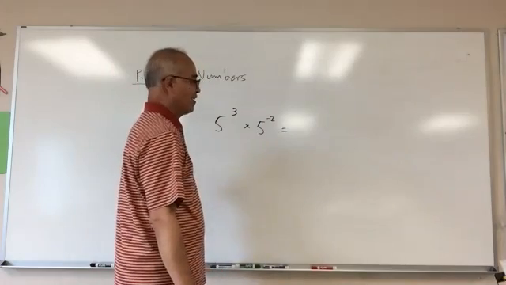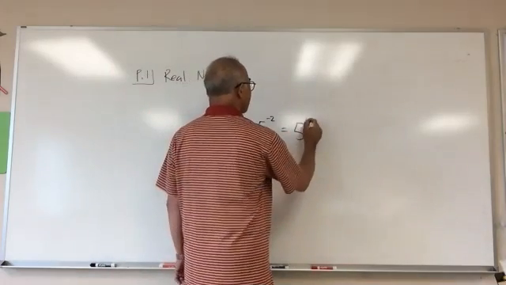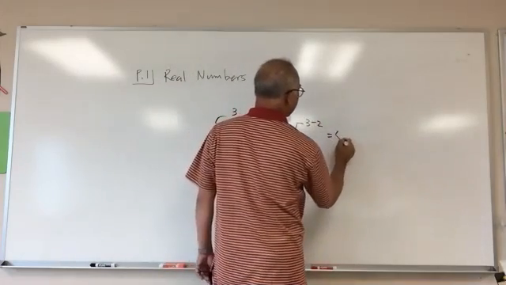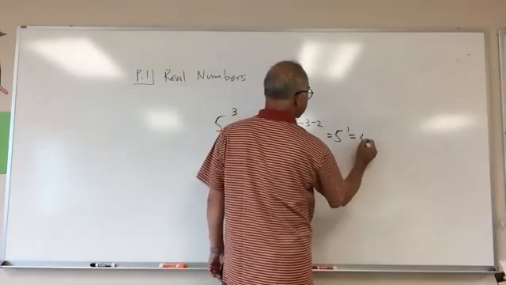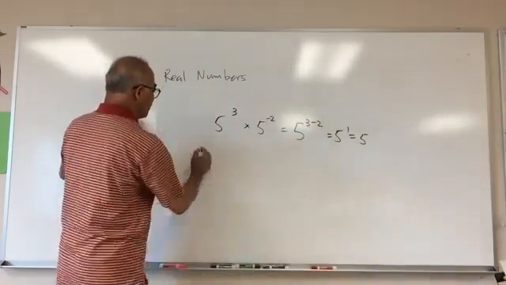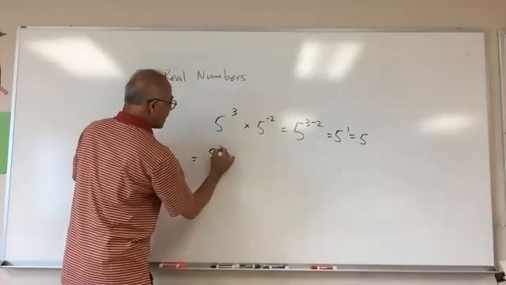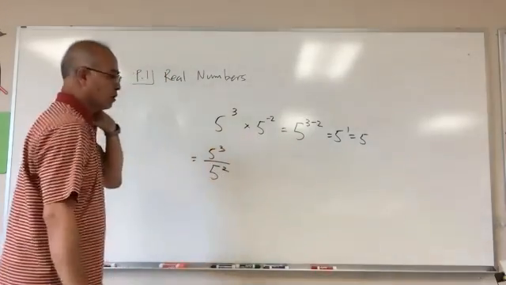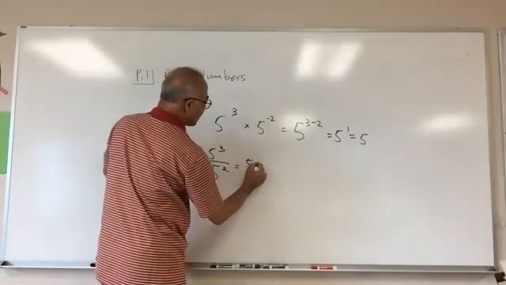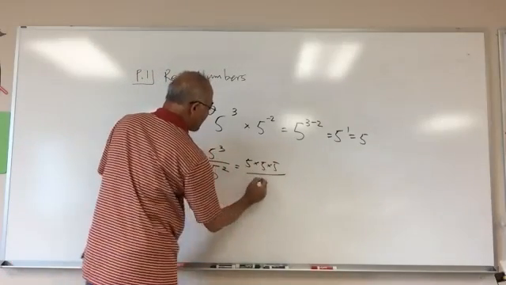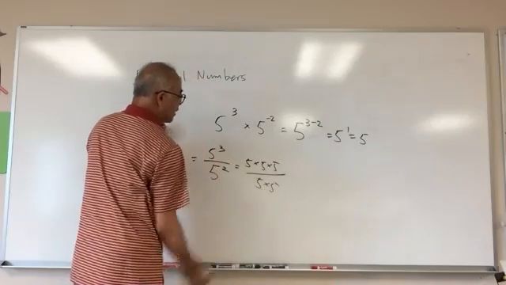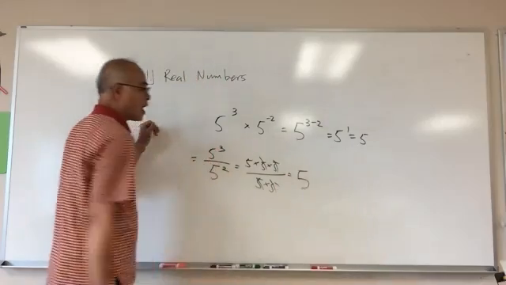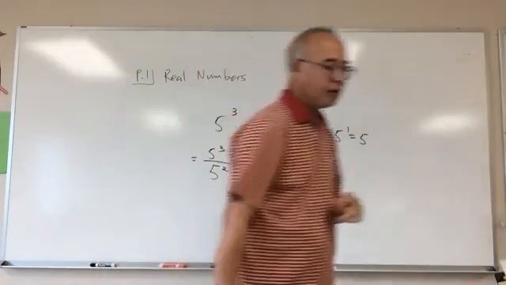That's 5, because it's 5 to the 3, minus 2. You add these two together, 5 to the first is 5. Or this is the same as 5 to the third, and this guy is the same as 5 squared. So I'm going to have 5 times 5 times 5 on top, 5 times 5 on the bottom. 5, correct? Are we all good on that?